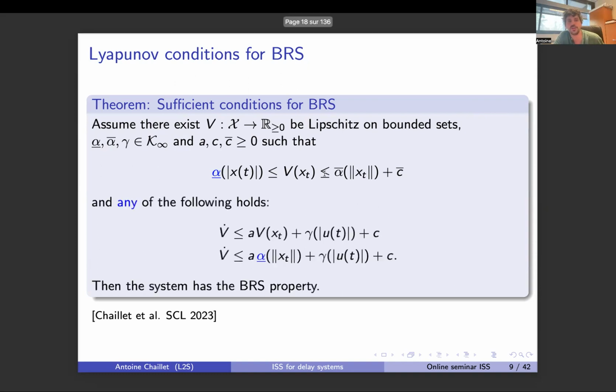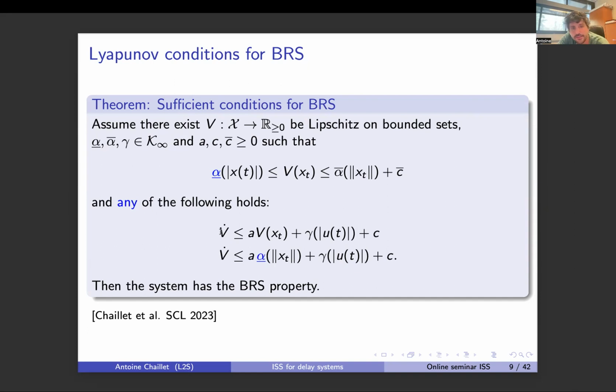So you take such a function, you differentiate it along the system solution, here in the Dini derivative sense. I'm not going too much into details, but you require either of these two properties. The first one is very reminiscent, for those who have this in mind, of the Lyapunov characterization by Eduardo and David Angeli, because this is equivalent to having forward completeness in finite dimension.